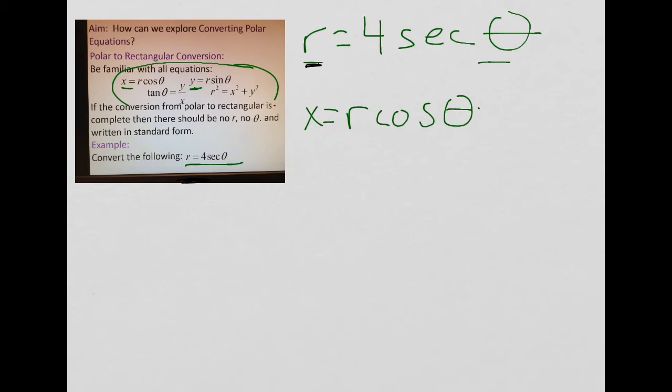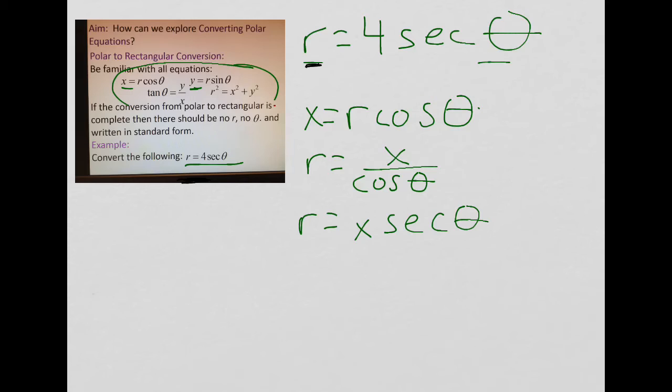So if I were to solve for r here, I'd have x over cosine of theta. And r is then x secant of theta. And so this kind of matches with what we have in our example.